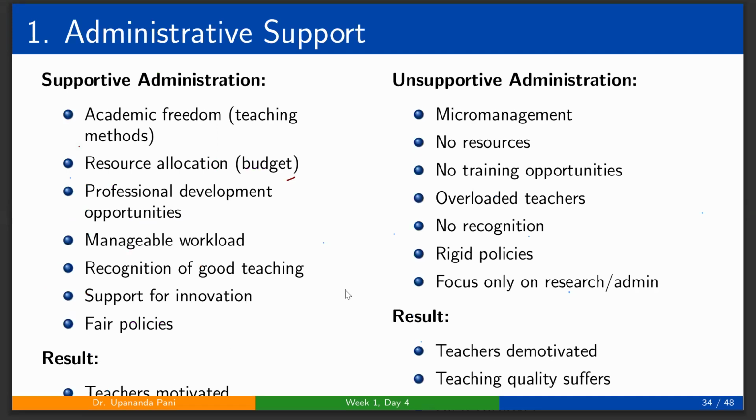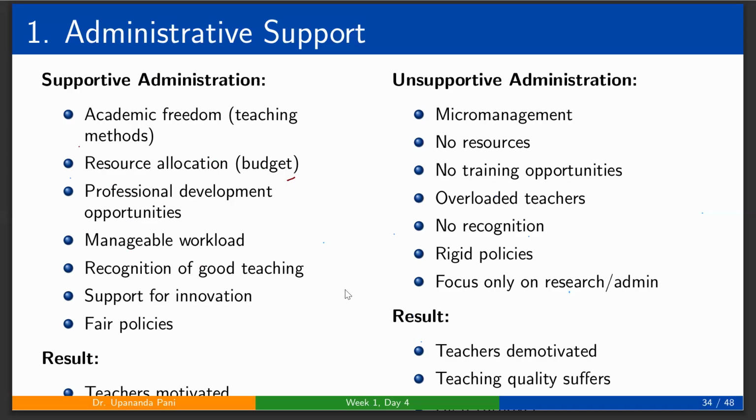Now, administrative support: academic freedom, basically in teaching method, resource allocation, budget, professional development opportunity, manageable workload, recognition of good teaching, support for innovation, fair policies. What will happen? Then teachers will be motivated.